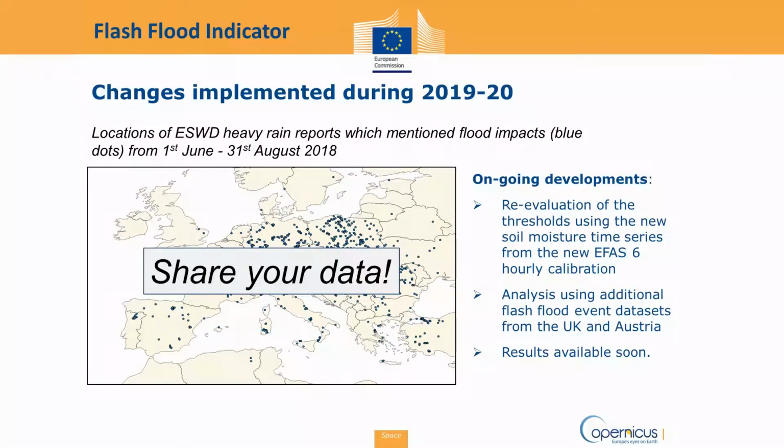So it's very important that if you have information on historical flash flooding events, that you share this data with the EFAS development team, because this can then be used to improve the flash flood criteria.